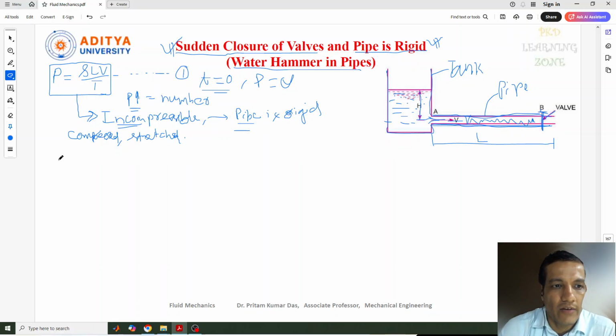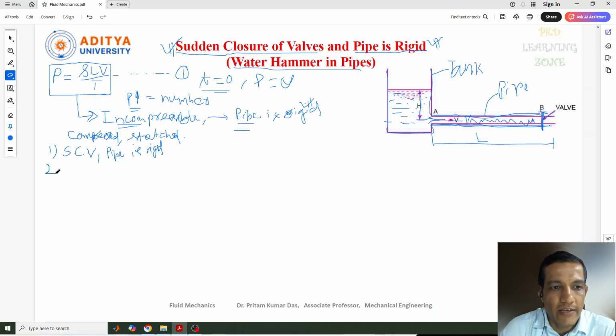One is sudden closure of valves when the pipe is rigid, as I mentioned here initially.